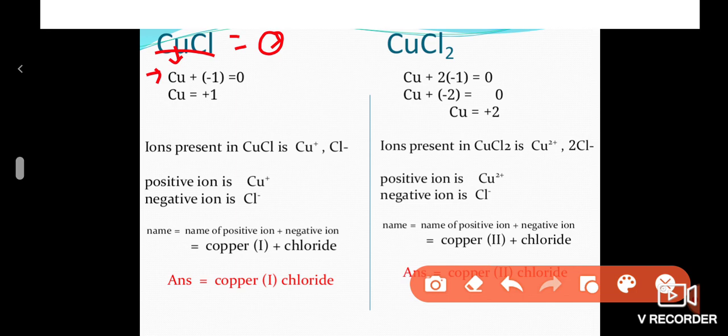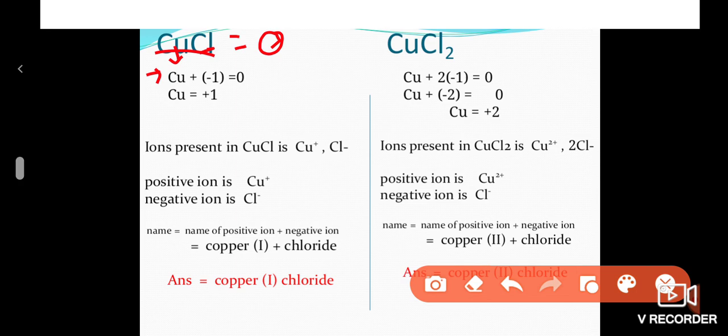Okay. Next, Cl is there. Cl is a negative ion. We know the charge of Cl. What is the charge and valency of Cl? -1. So, here we write plus -1. Cu plus, inside the bracket, -1 equals 0.